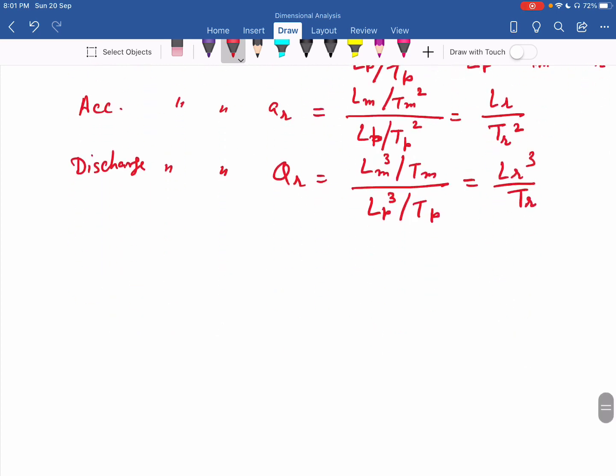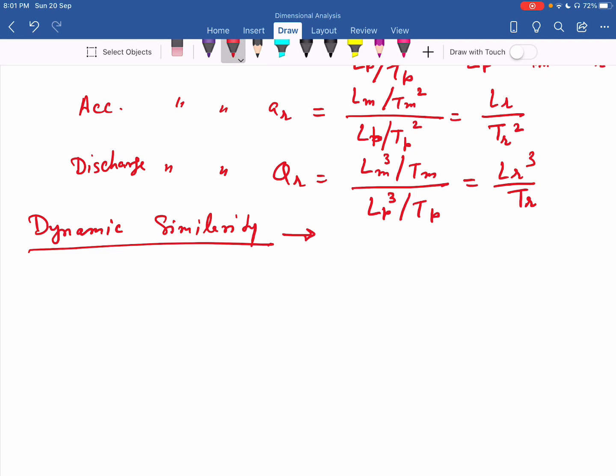The third one is the dynamic similarity. Dynamic similarity means the similarity of forces. Okay, that means the ratio of all kinds of forces are the same in the model and the prototype at homologous points.